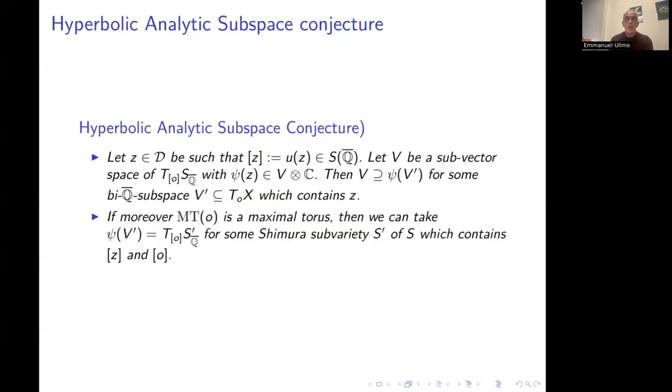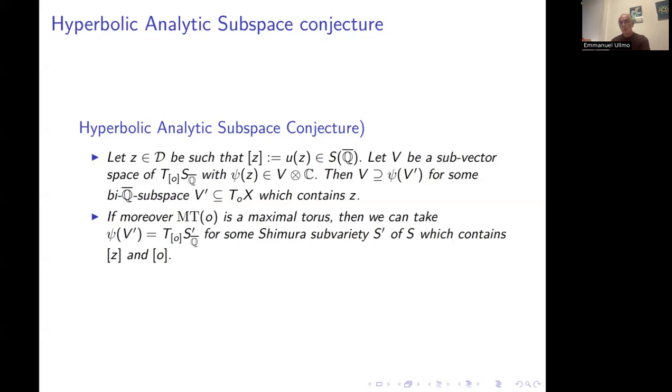And we hope that if the Mumford group is maximal, so somehow in this case you expect that there are no relations at all between the holomorphic periods, then this V prime should correspond to the tangent space of a sub-Shimura variety containing Z and the origin.